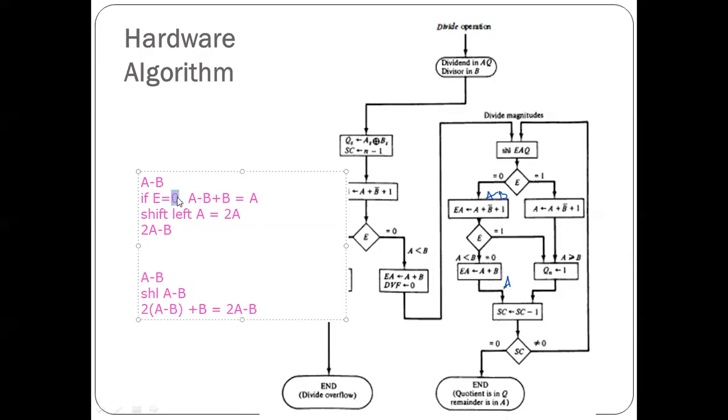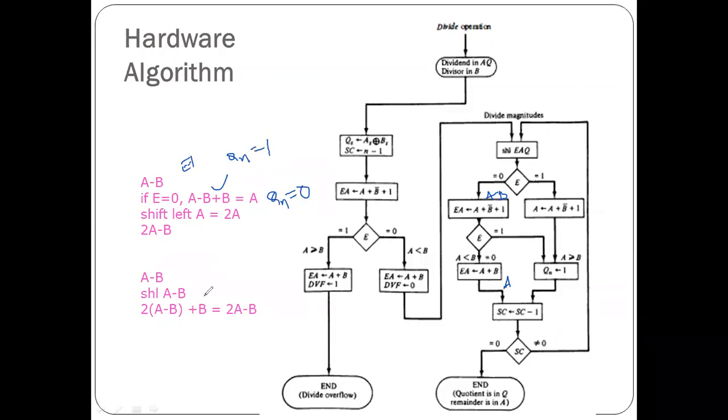Based on E, if E is 0, our Qn is 0. If E is 1, our Qn is 1. If E is 0, you make your Qn 0 and we will add. If E is 1, I will make my Qn 1 and I won't add here.